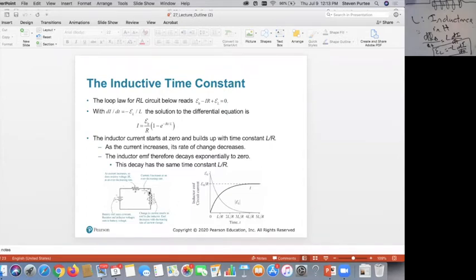This inductor doesn't like that, and it tries to resist that. It kind of acts like another resistor. So my current is going to flow pretty steeply at first, but this inductor tries to level that off. And that's the point of the inductor, to level off the current.